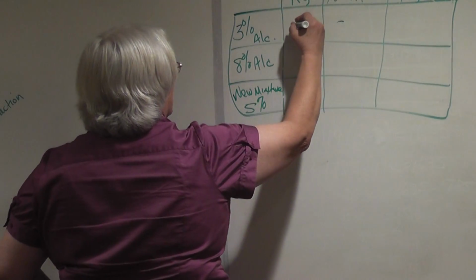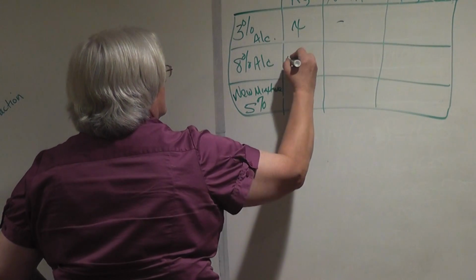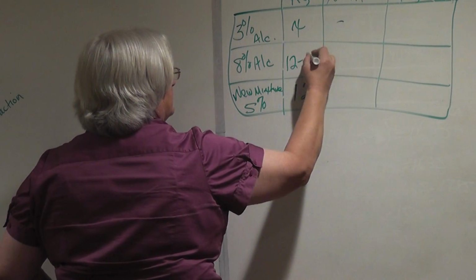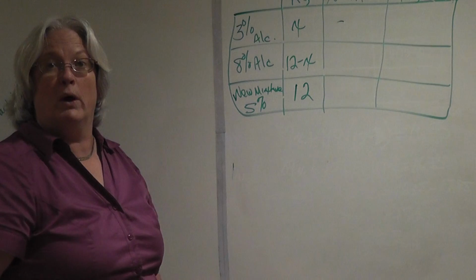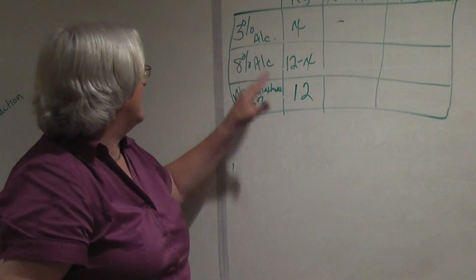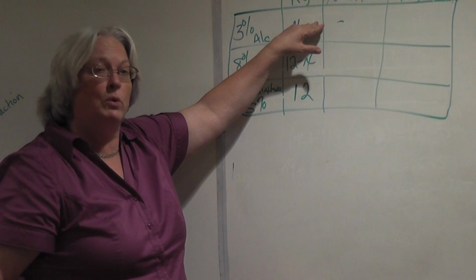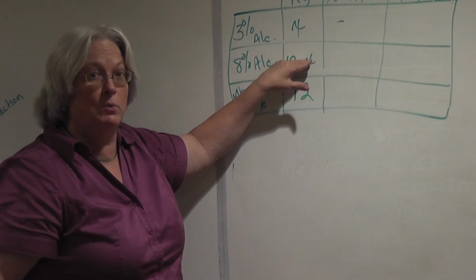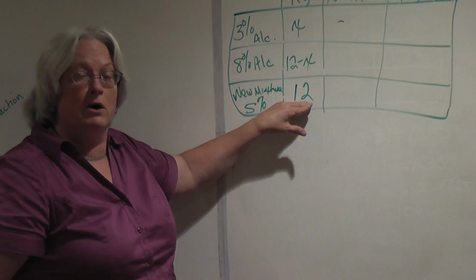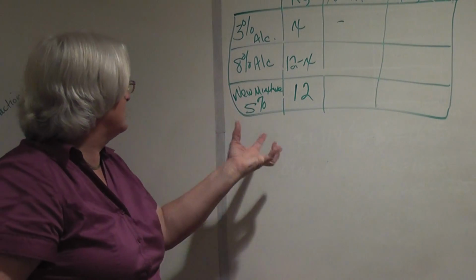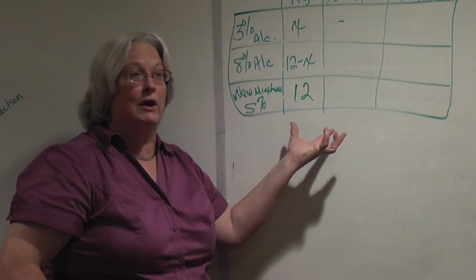Let's just say that we have X of 3% alcohol and 12 minus X of the 8% alcohol, because it doesn't matter if we don't know how much of either solution we have. We know that the total amount of the new mixture we have is 12 kilograms.